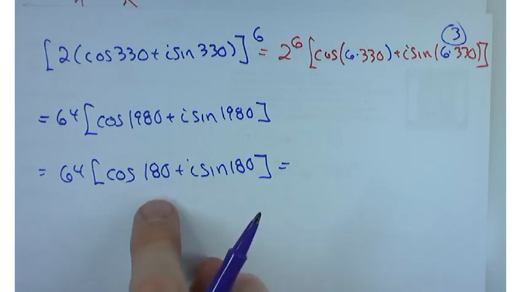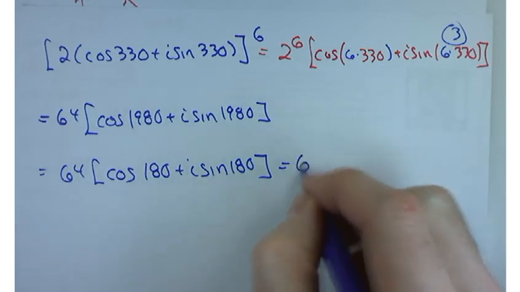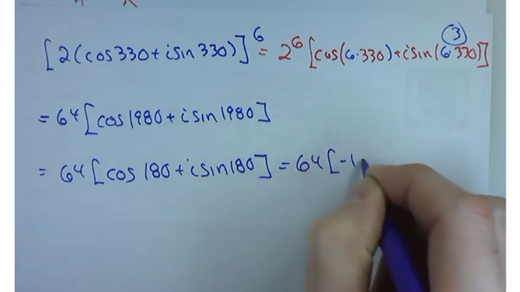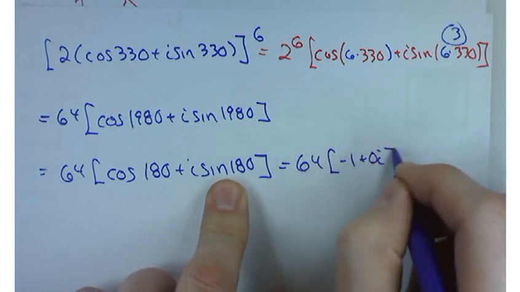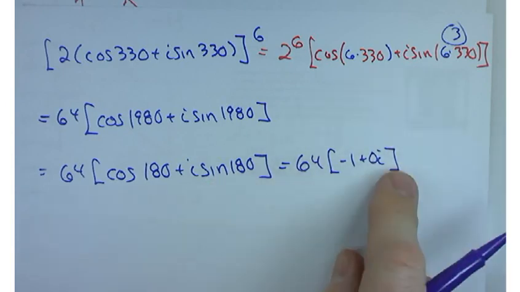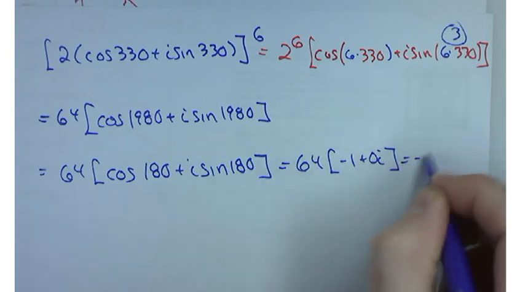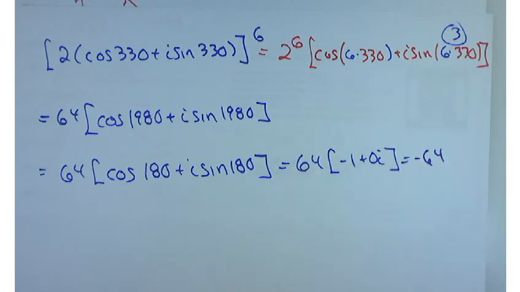What's the cosine of 180? -1. What's the sine of 180? 0. And if I distribute this, just -64, right? Wow. That's not bad. -64.